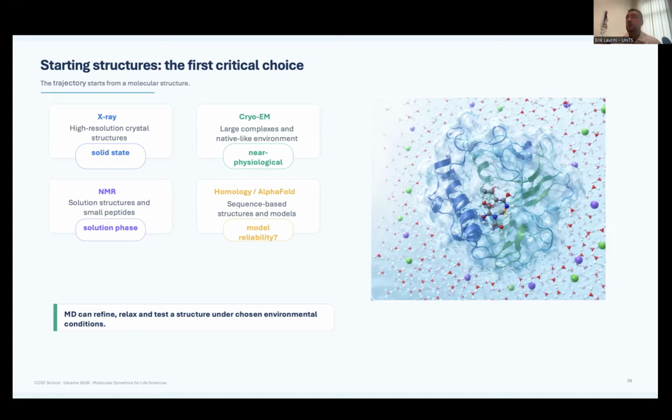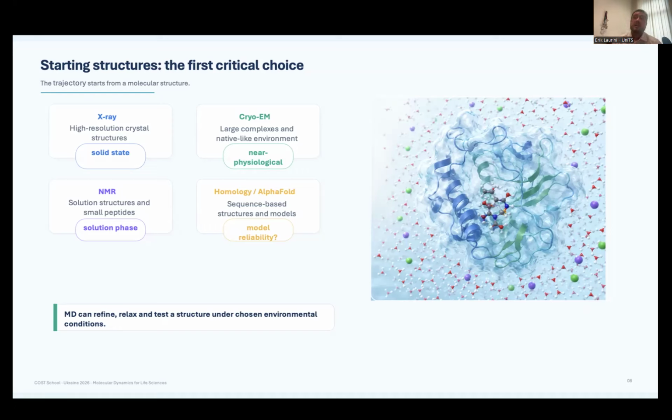We have to exploit some options, for example, experimental techniques able to retrieve the three-dimensional coordinates of our molecular system. For proteins, it's very common to start from the crystallographic structure, or from a structure provided by electron microscopy or NMR.